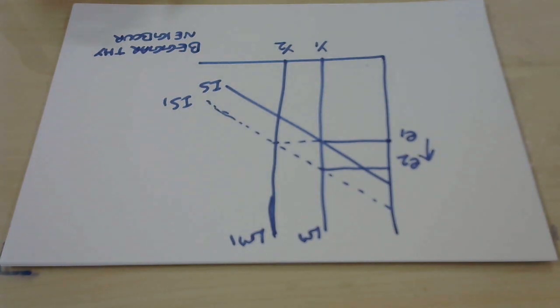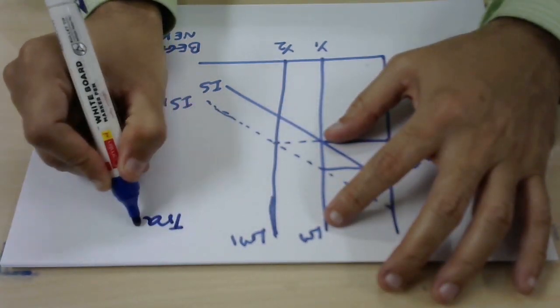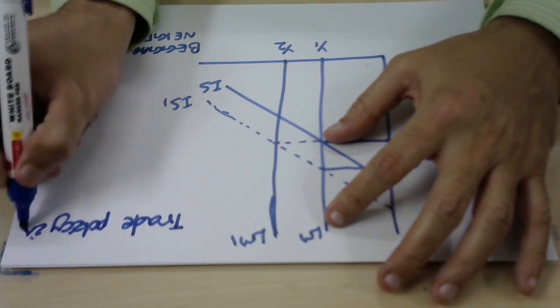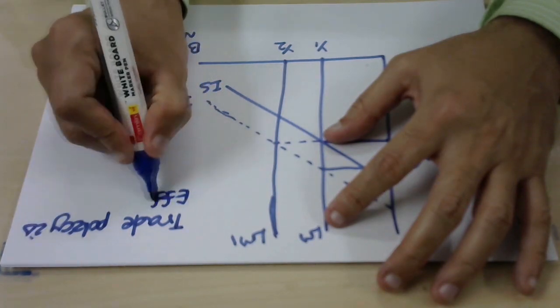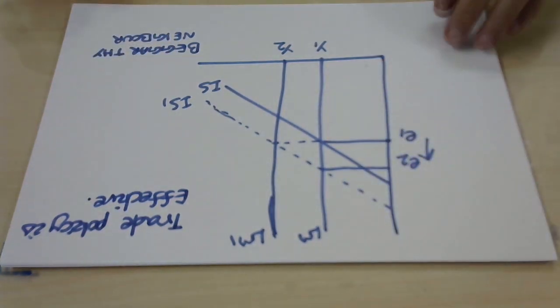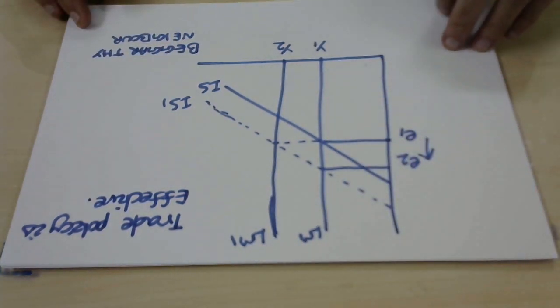So the shift of the IS curve is leading to an increase in GDP because of the commitment of the central bank to the fixed exchange rate. We are finding trade policy is quite effective. Trade policy is effective in a fixed exchange rate system, which it was not under a flexible exchange rate system.